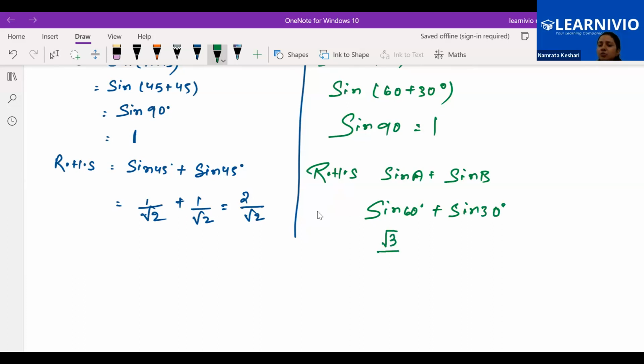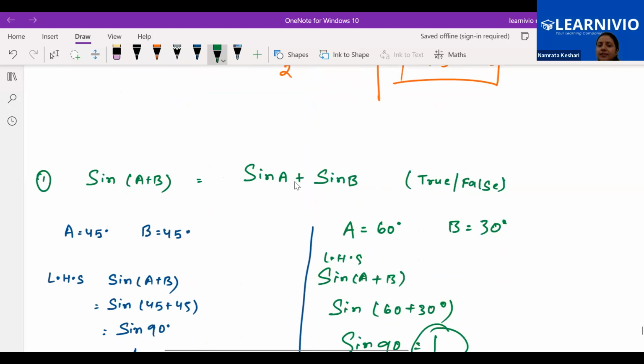Root 3 by 2, right? Yes. And sine 30 is 1 by 2. So if you add them, you are getting root 3 plus 1 by 2 and the left hand side is 1. So yes, it is not the same.